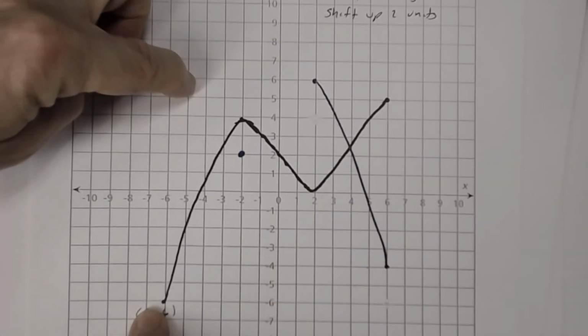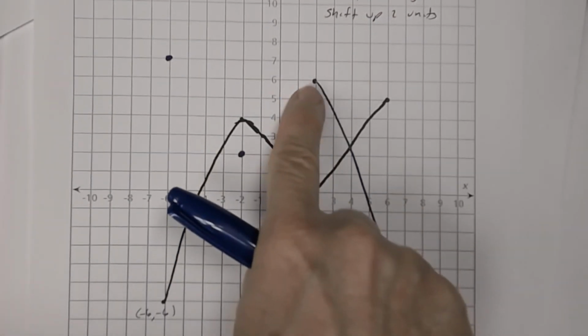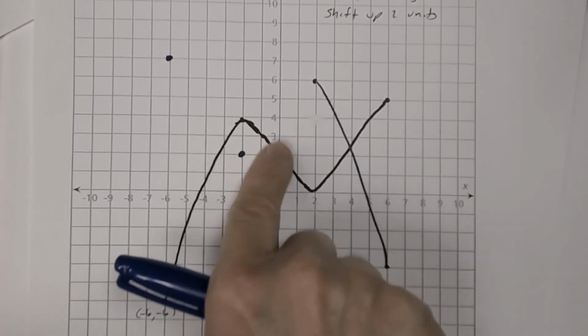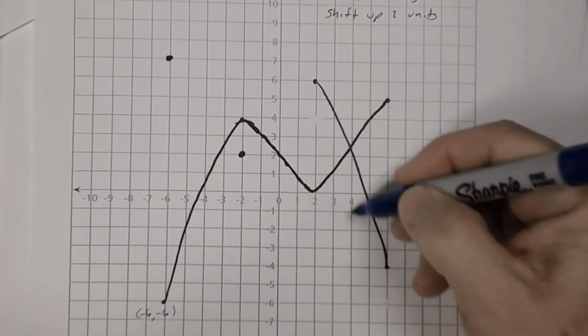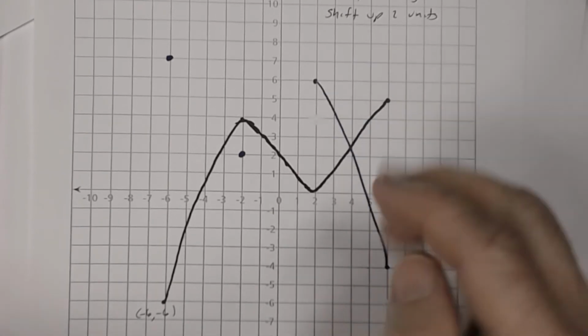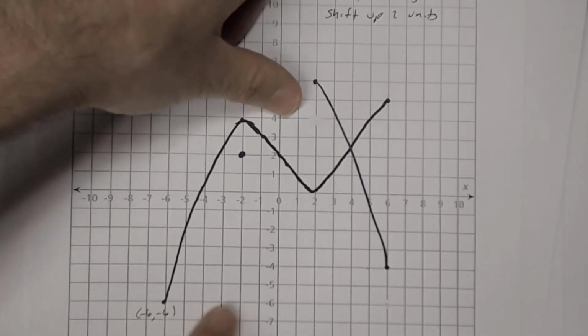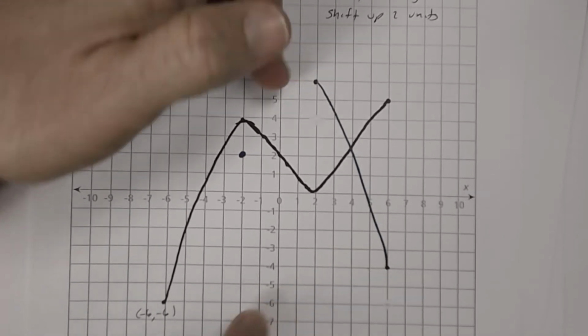This right here, when you reflect it across the y-axis, see how it kind of opens inward like this? So this is going to open like this. See how it's opening towards the y-axis? So this is going to open towards the y-axis also. So don't do this. All right? So don't do that. See, help yourself. See how it opens towards the y-axis? So this is going to open towards the y-axis as well.